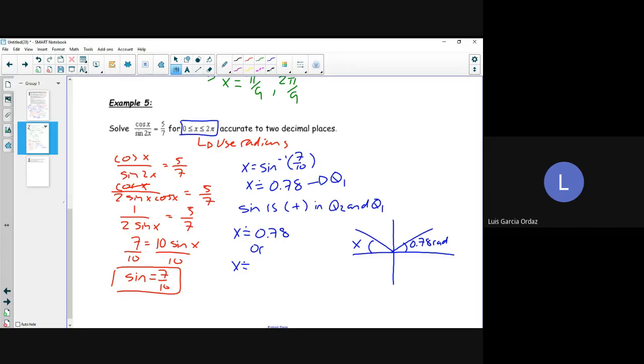So to figure out quadrant 2, we're just taking pi minus our angle x.